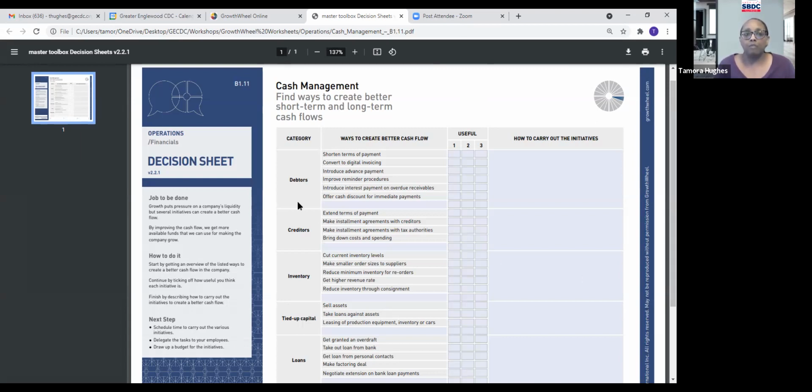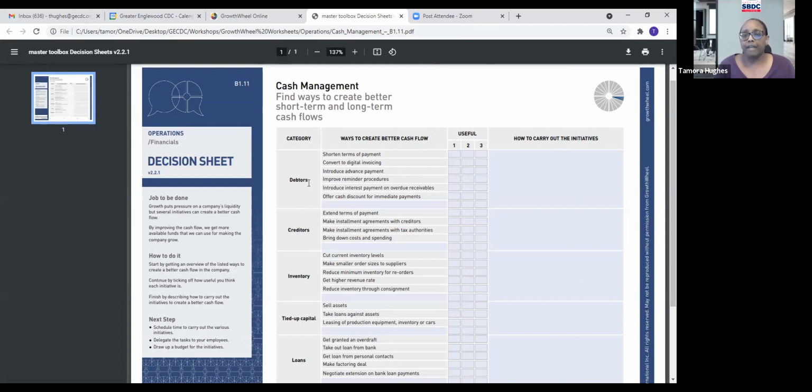So as we look at this one and we look at cash management, you'll notice that it has category, ways to create better cash flow, useful one, two, or three, and then how to carry out the initiative.